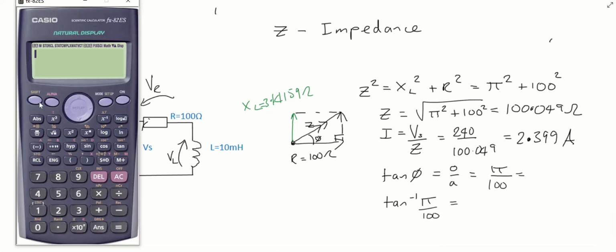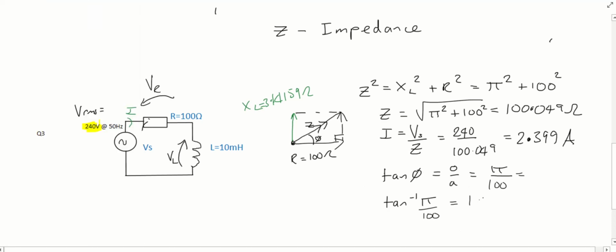We do shift, pi divided by 100, which is fairly straightforward, and then an inverse tan. So shift, that one, answer, equals. There we go, and that should be in degrees. That is 1.799 degrees.